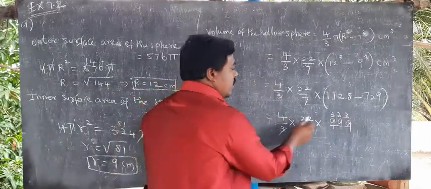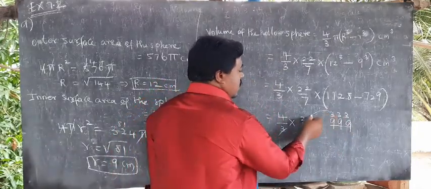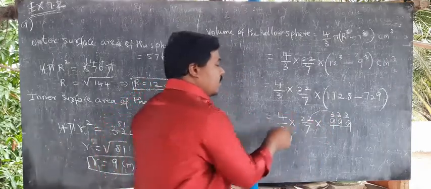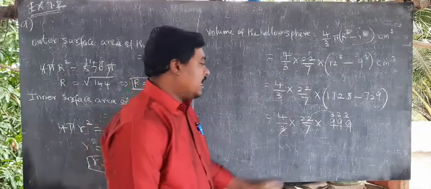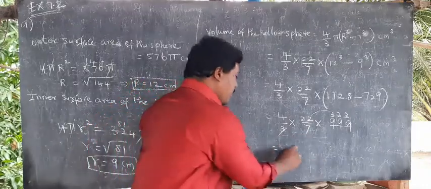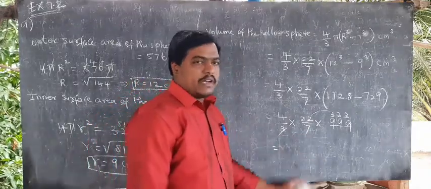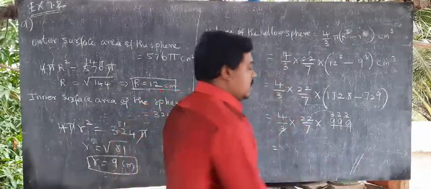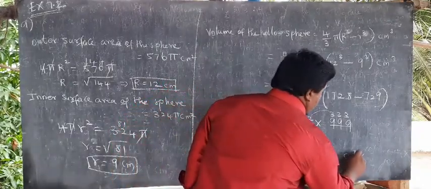Then multiply this, 333 into 22, 22 into 4, one answer we are getting, divided by 7, we get some answer. Right? So you have to write the answer in centimeter cube.